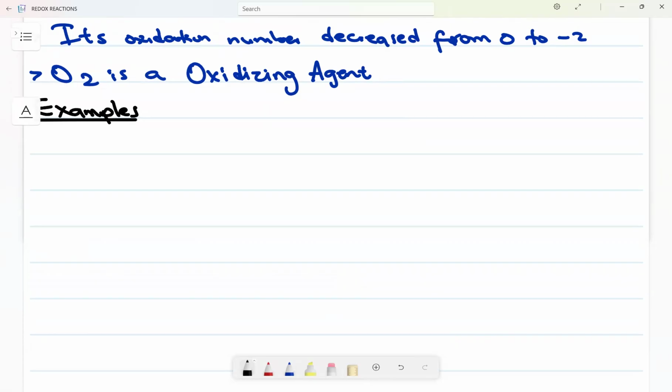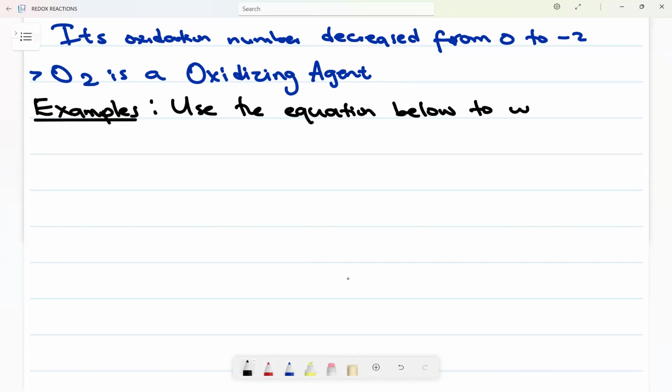Write down the following. Let me say, use the equation below to write down the following.